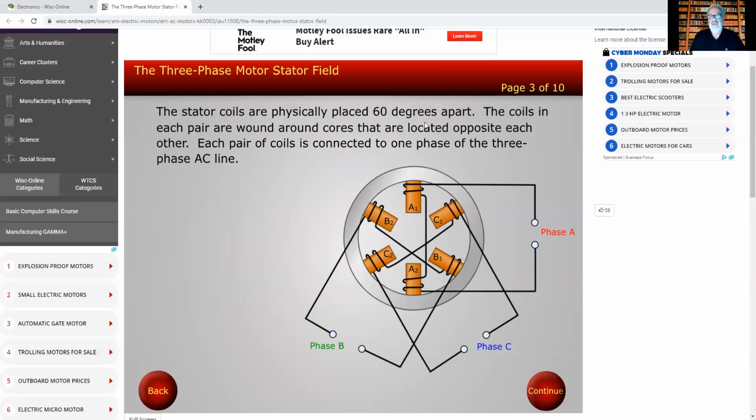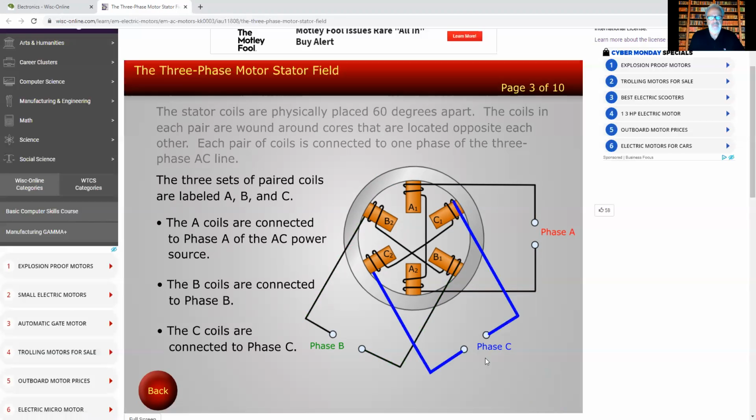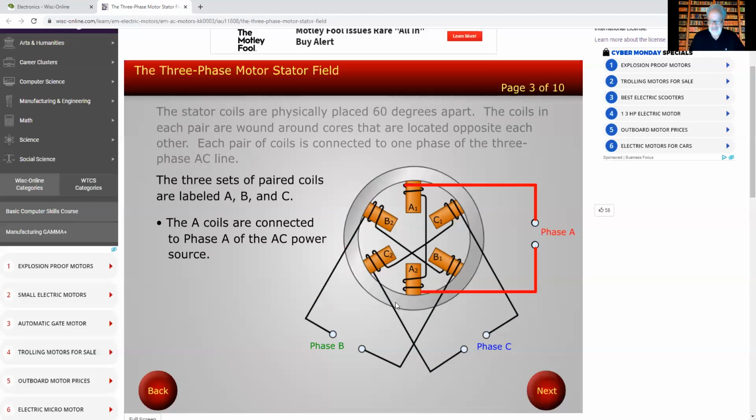The coils are physically placed 60 degrees apart. The coils in each pair are wound around cores located opposite each other. So this is a pole pair, pole pair, pole pair. We're going to label this phase A, this phase B, and this phase C, just like we might expect.